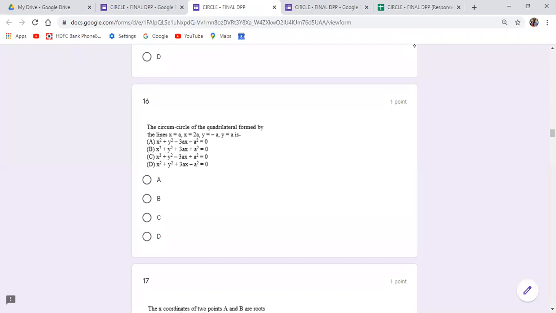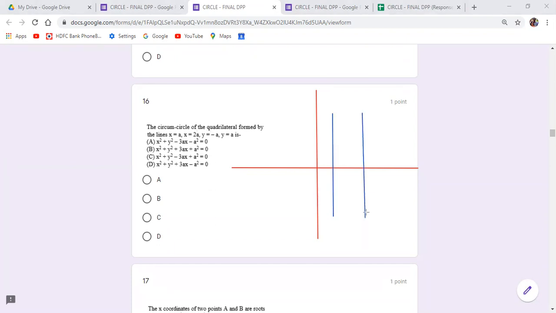This I did before in the class. Let's imagine this x-axis and this y-axis. Then the line x equal to a is here, and the line x equal to 2a is over here. That means from here to here the distance is a.